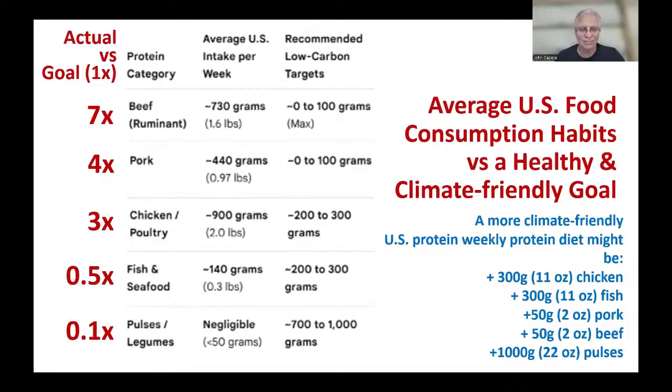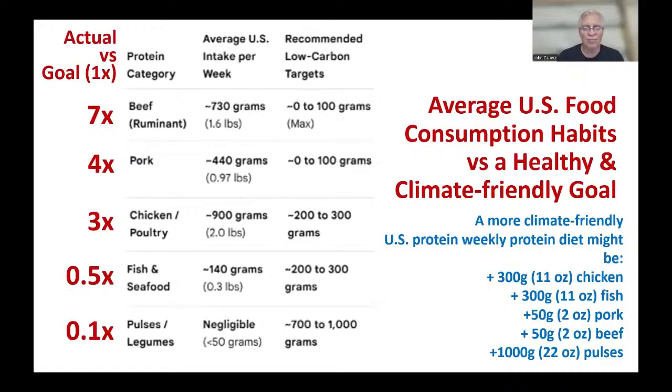Most shockingly, our consumption of legumes is currently completely negligible, averaging under 50 grams a week, which is a pathetic 10% of the ideal target of 700 to 1,000 grams.